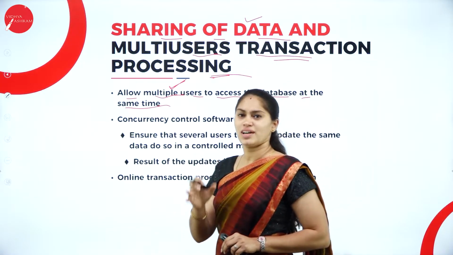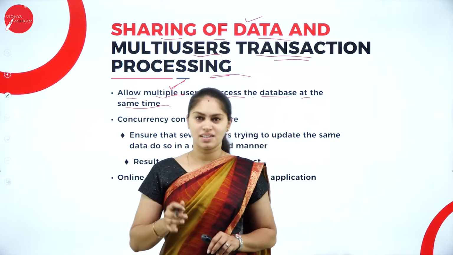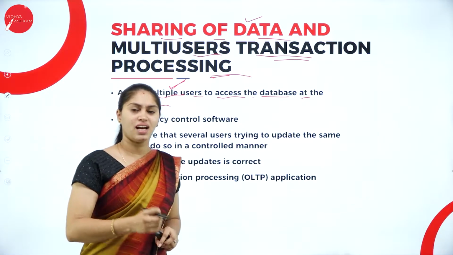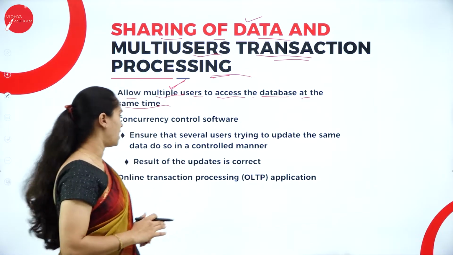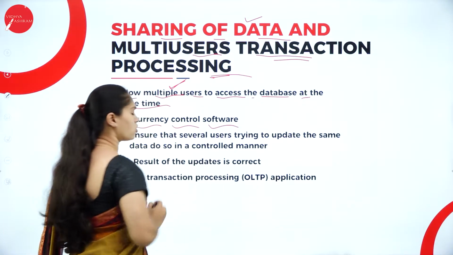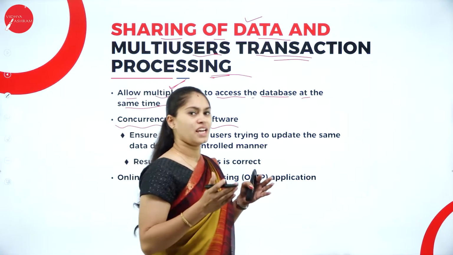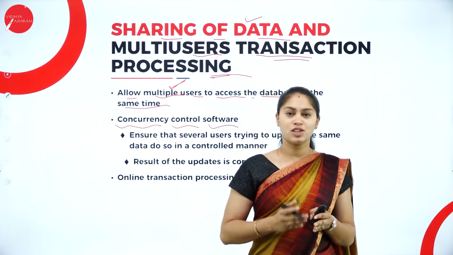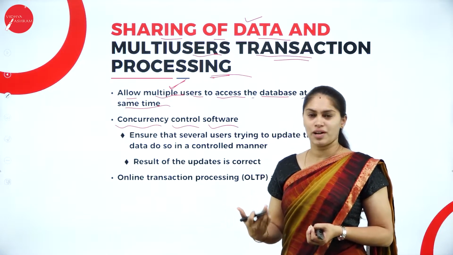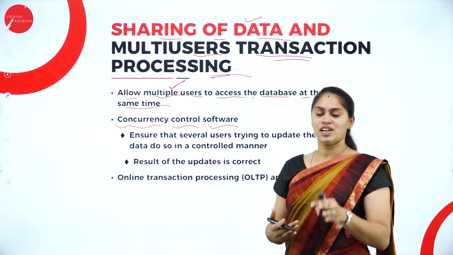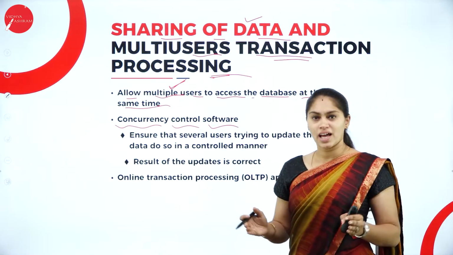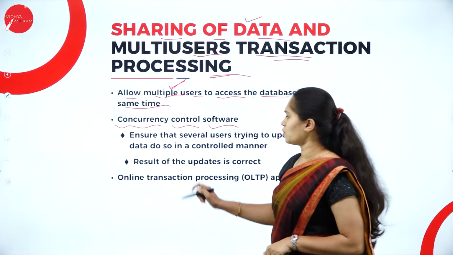Everybody is fetching the content of that result at a time. So that will be considered as what? Concurrency control software. For example, if one student is viewing their result, that should not affect the result of another student. Every content of a database should be available at the same time to more than one user.